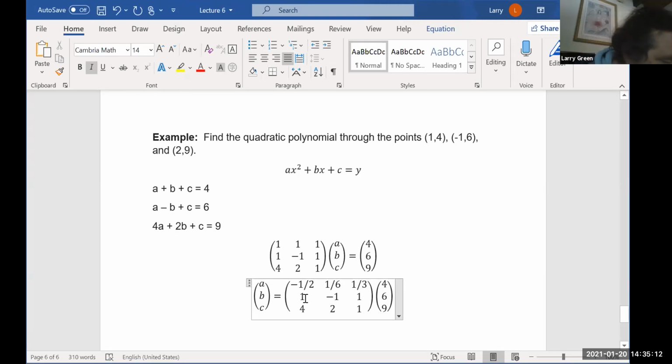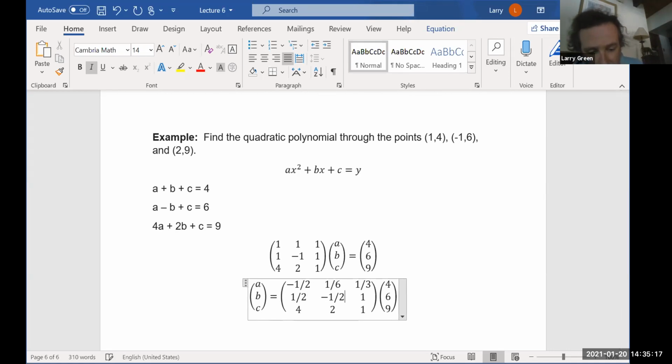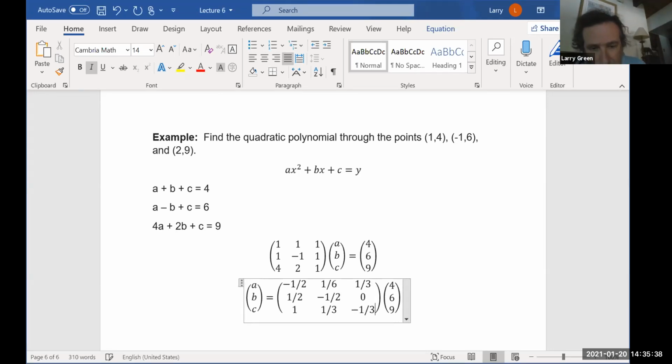And then the second row was a half, negative a half, 0. And the third row was 1, 1/3, negative a third. Double check. Any questions on that? Now it's easy. So let's see what we get.